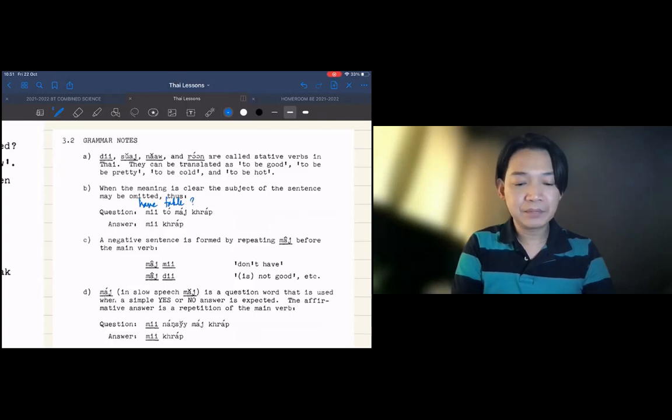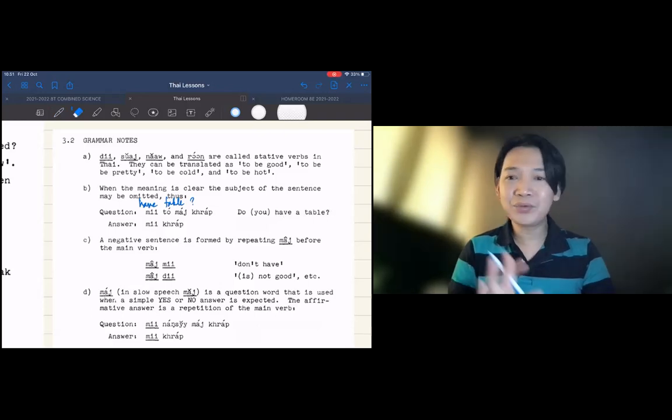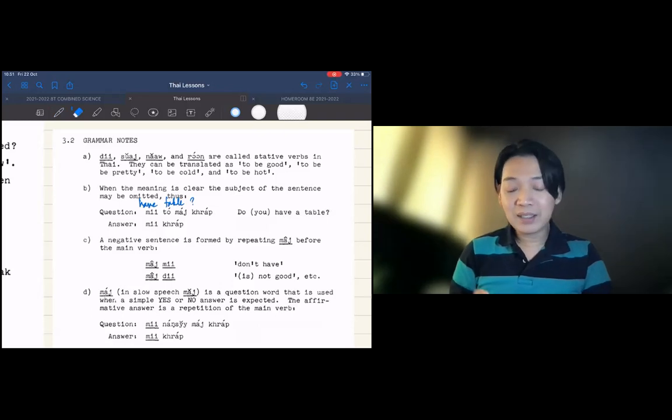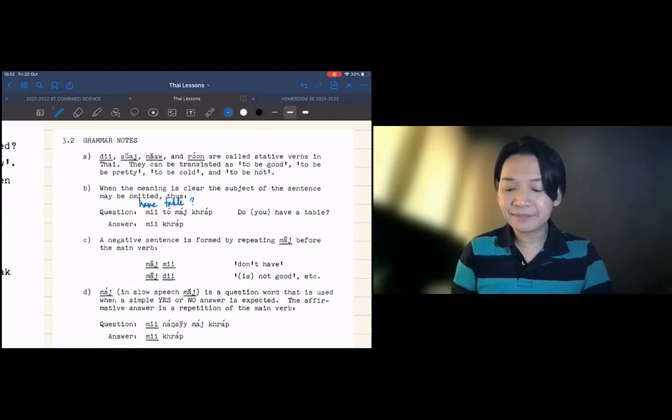So that translates to do you have a table, omitting the pronoun for the person you are talking to, and then the other person would answer Mi krap. So that's a bit short, that's already a complete sentence. We do have, or I do have a table.